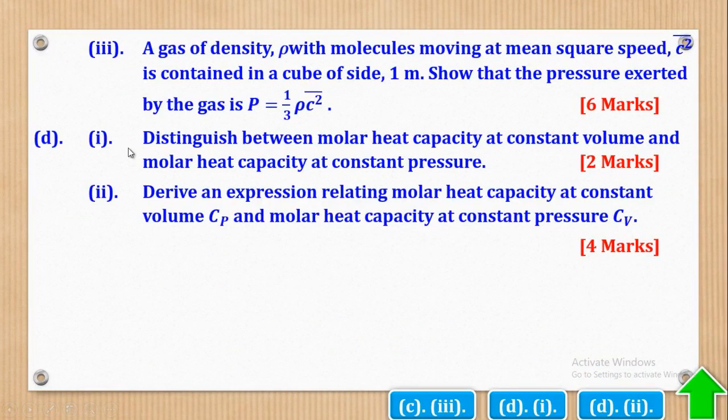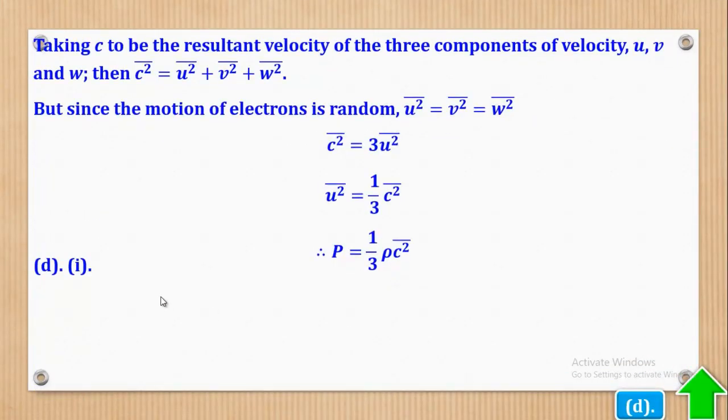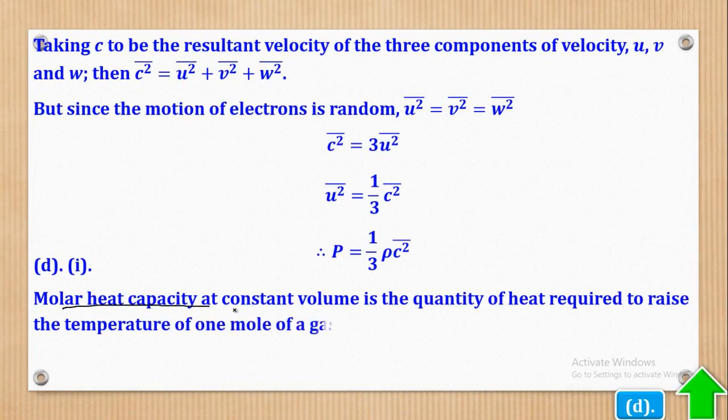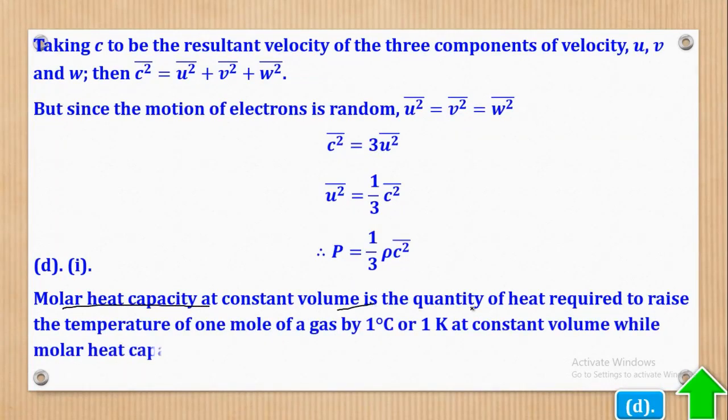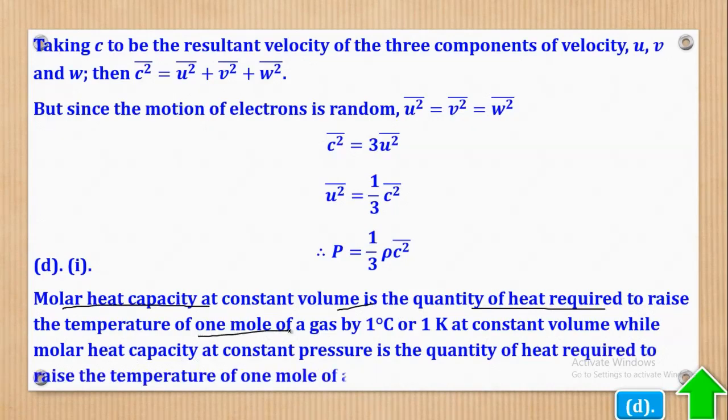So now we shall go to part D. Part D, Roman 1 says, distinguish between molar heat capacity at constant volume and molar heat capacity at constant pressure. So here we shall say that molar heat capacity at constant volume is the quantity of heat required to raise the temperature of 1 mole of a gas by 1 degree Celsius.